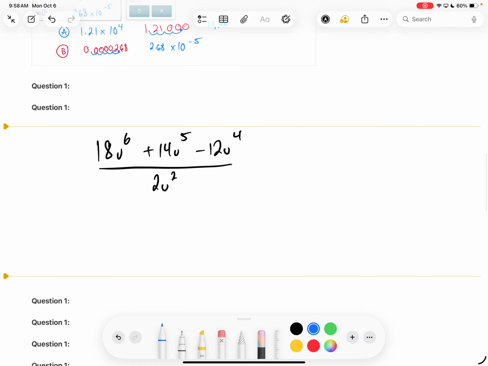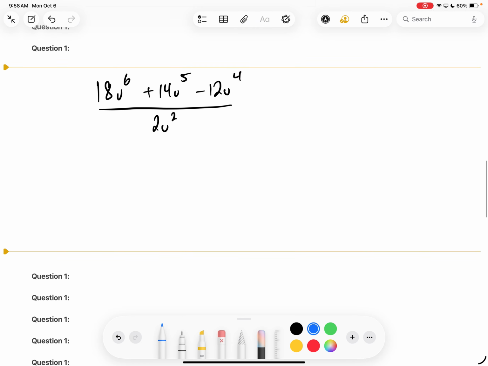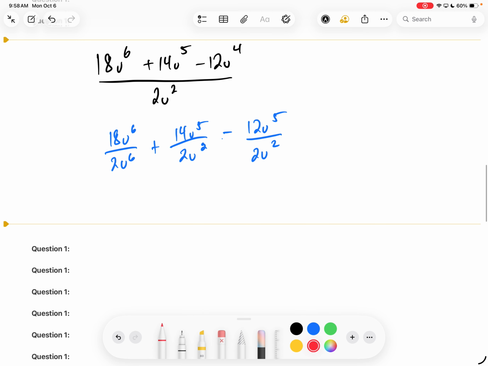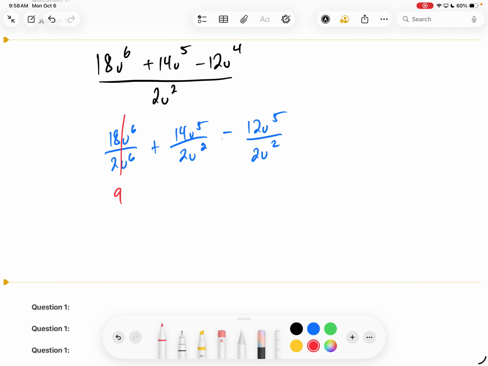All right, when you do this one, what you are actually doing is dividing all of them by 2u squared. So if you need to write them out like individual ones, you are welcome to do that, if that helps you. Or you can just go through the process of saying, okay, I'm taking a 18, I can do 18 divided by 2. So on this one, 18 divided by 2 is 9. I got 6 u's on top and 2 u's on the bottom. So that would be 4 u's on top.